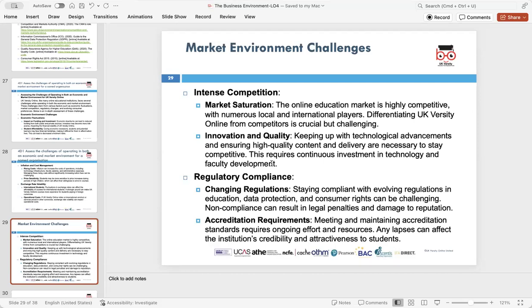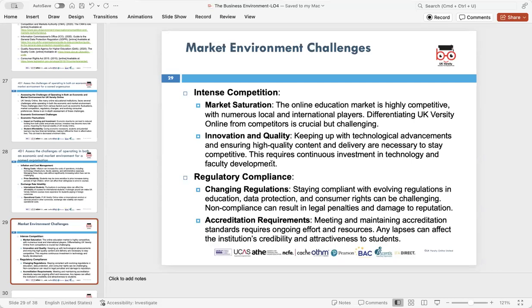Regulatory compliance, changing reforms and accreditation requirements. The regulatory landscape in education, data protection, and consumer rights is constantly evolving.